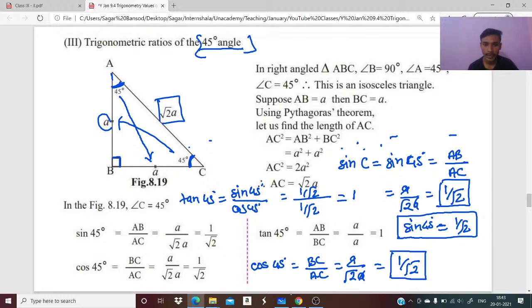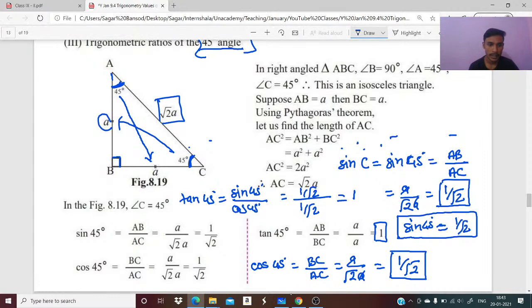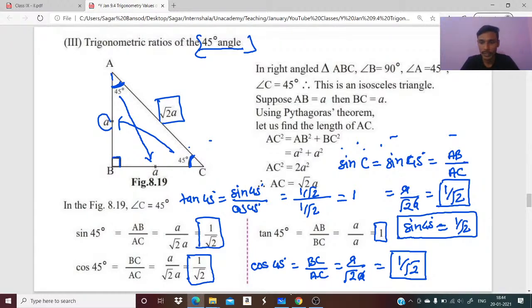Therefore tan of 45 degrees is 1. So in this way we have got the values of the trigonometric ratios for the angle 45 degrees.